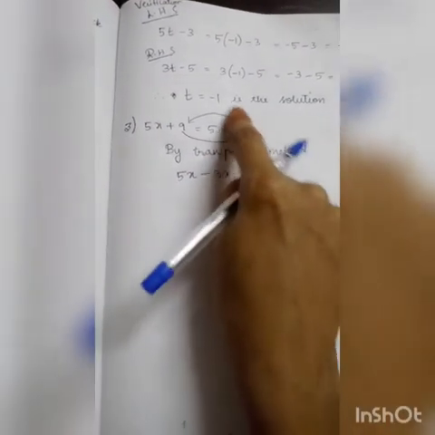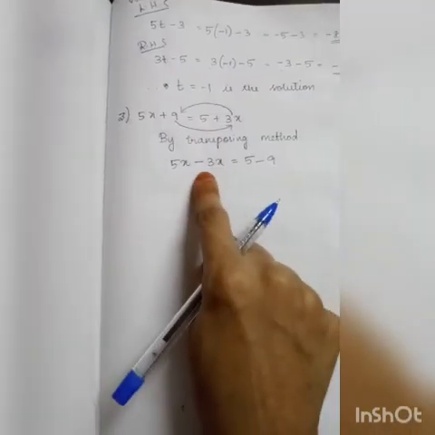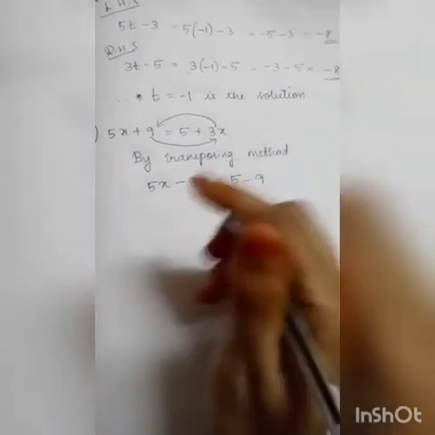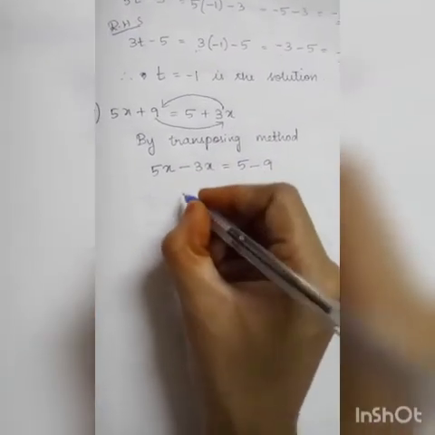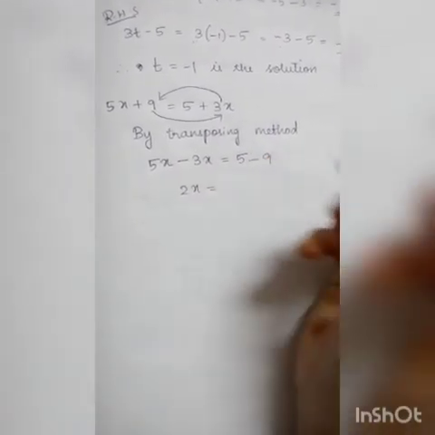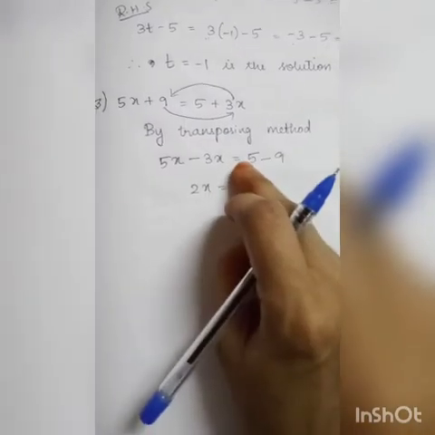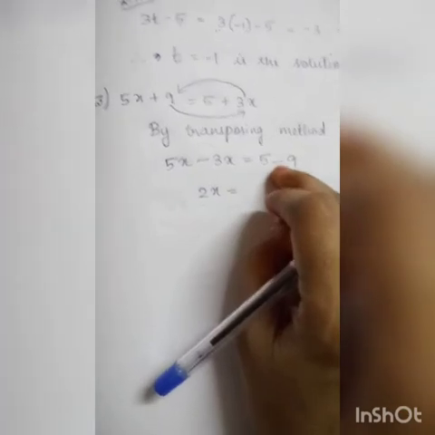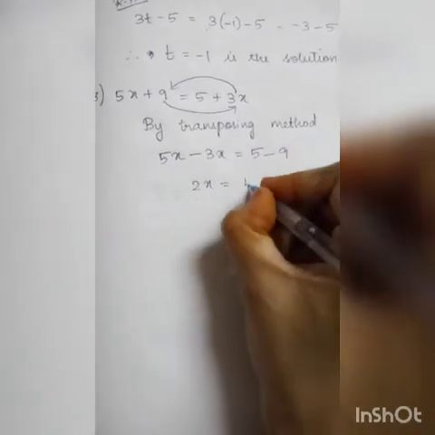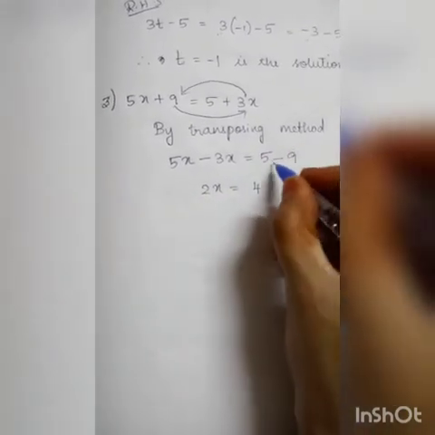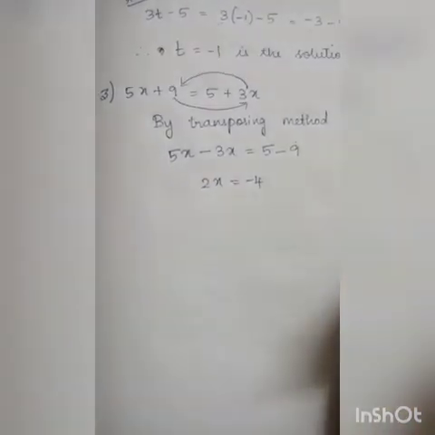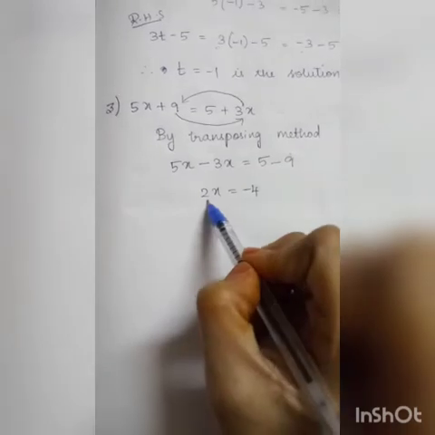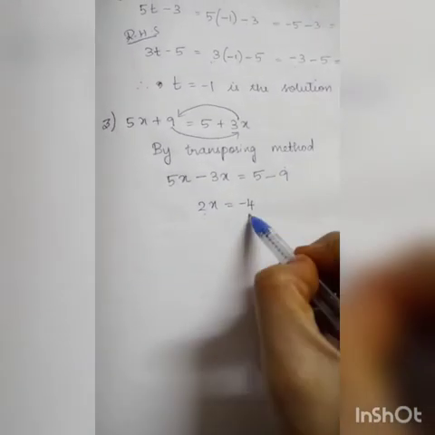So 5x minus 3x is 2x. 5 minus 9: here plus, here minus, so you are going to subtract. 9 minus 5 is 4. The greater number is 9, so what is the symbol? Minus 4. Do you have any doubt in this? 5x minus 3x is 2x, 5 minus 9 is minus 4.